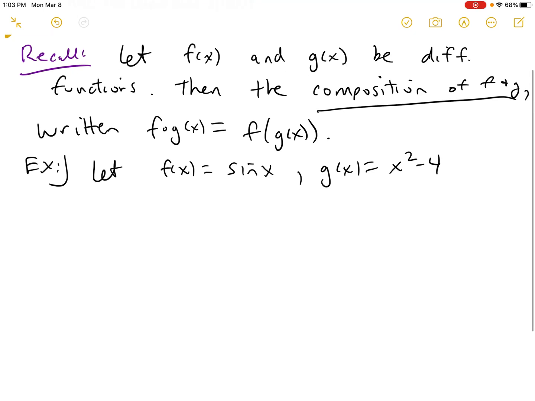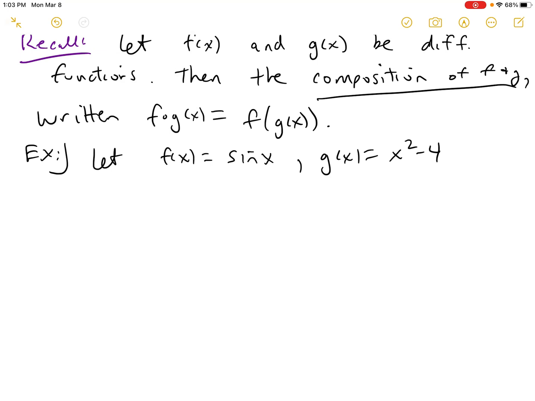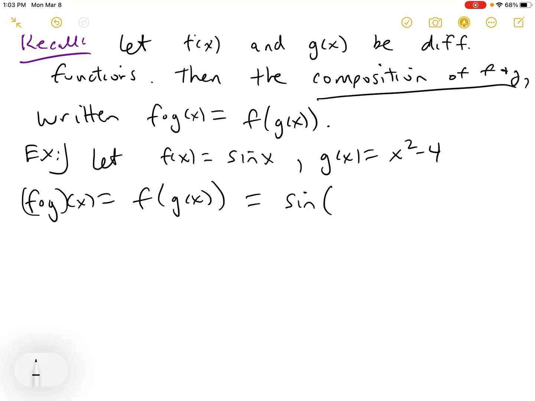So we'll look at a few compositions here. f composed with g of x is f of g of x, and this is the sine of g of x, right? So g of x now becomes the input of f of x. And so this becomes the sine of x squared minus 4.